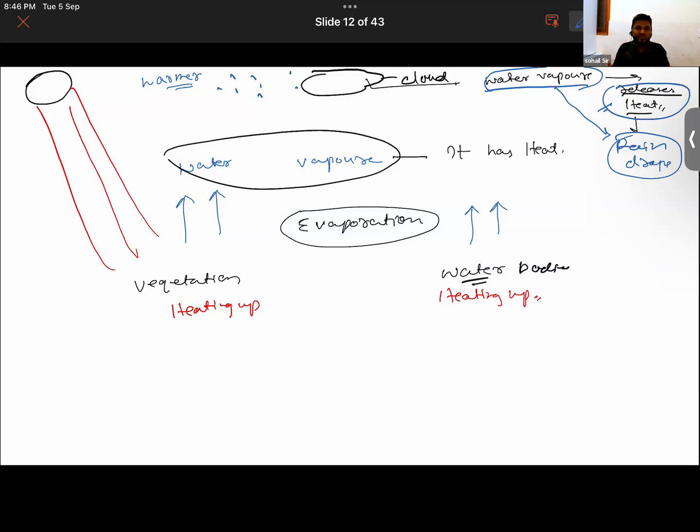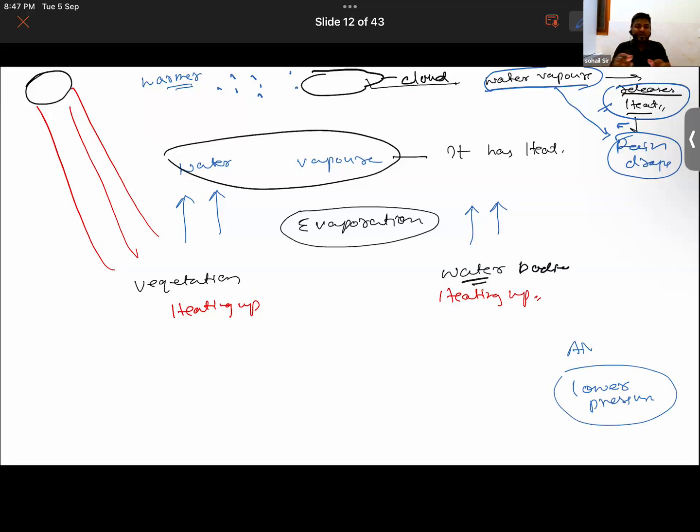So that means the pressure will also be lowered. Look here, if the air molecules around the cloud become warmer due to the release of heat, the pressure will be lowered now. More temperature means lower pressure.